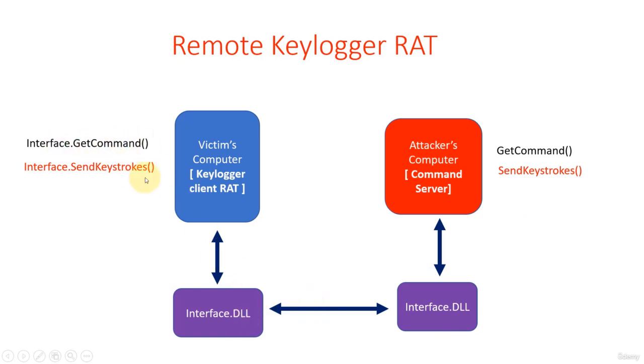On the left, the keylogger client red will be able to use the interface.get command to get the command remotely. Whatever the attacker wants the victim's computer to do, it will fetch the command and see what it's supposed to do. This is nothing new, we have already implemented this in the previous lesson.